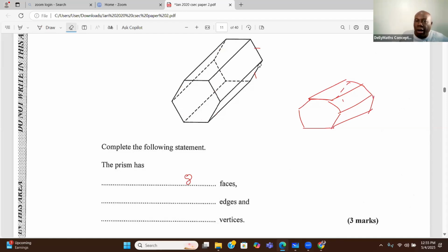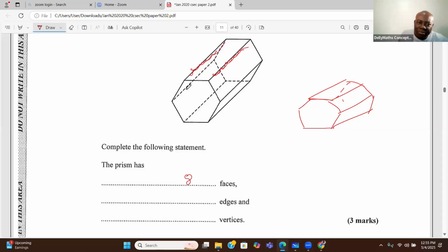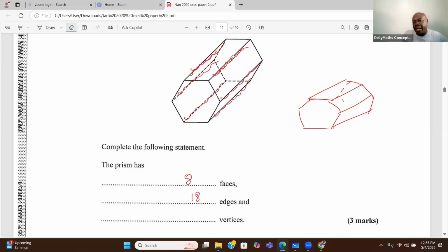And then now we're going to count the long pieces and just add them to it. 13, 14, 15, 16, 17, 18. So this is 18 edges. It's not a big deal, grade 6 math.